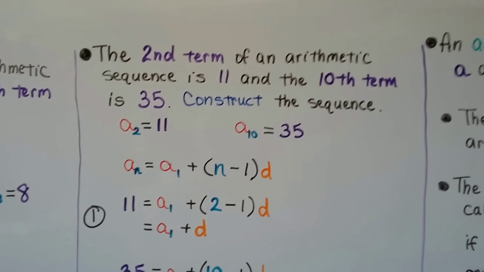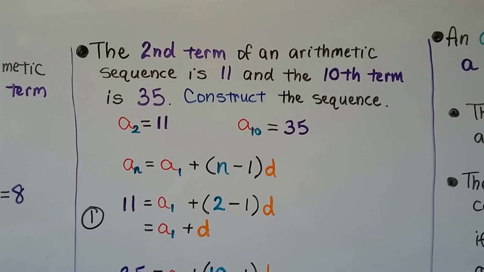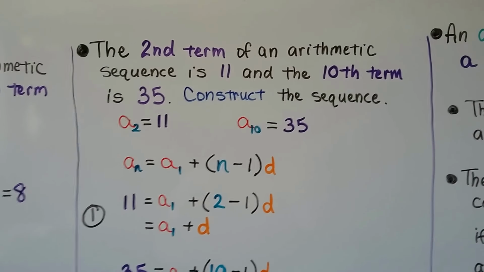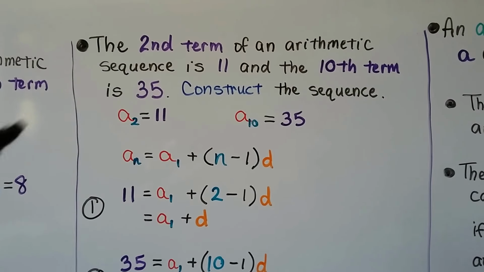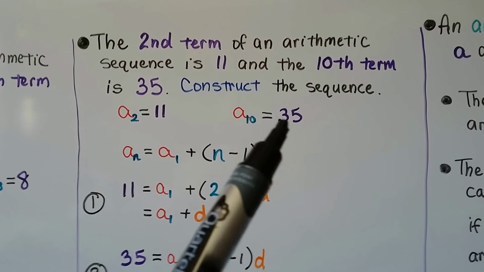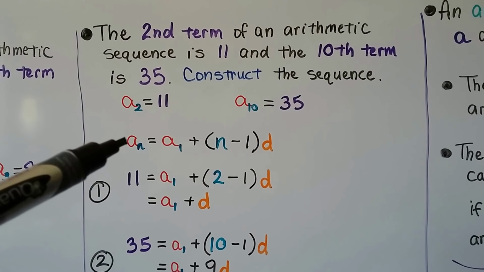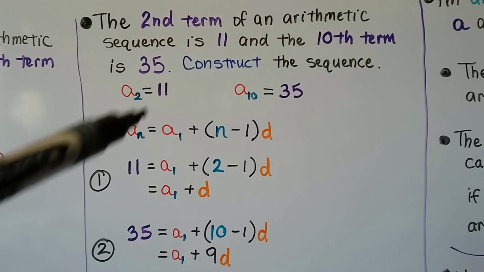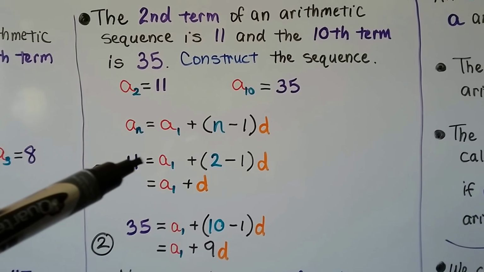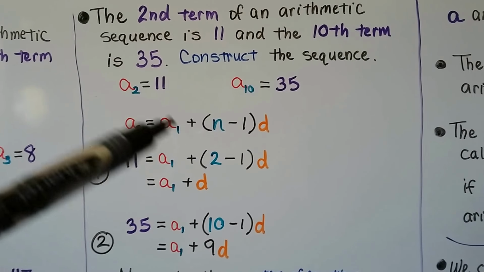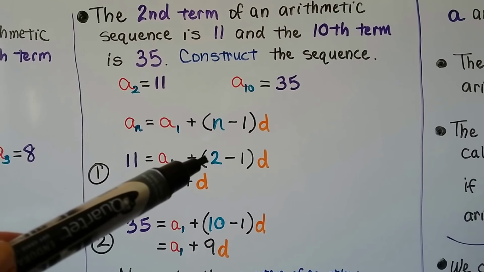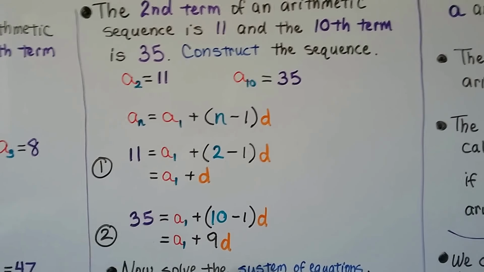Let's try. The second term of an arithmetic sequence is 11, and the 10th term is 35. Construct the sequence. So we know a sub 2 is 11. We know a sub 10 is a 35. We use our formula, and we plug in the 11 here, and it's going to equal a sub 1 plus, it's the second one, so we have 2 minus 1 times d.